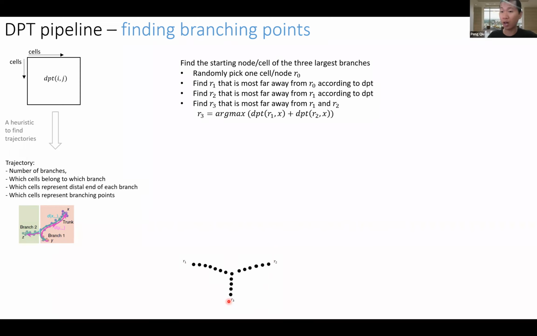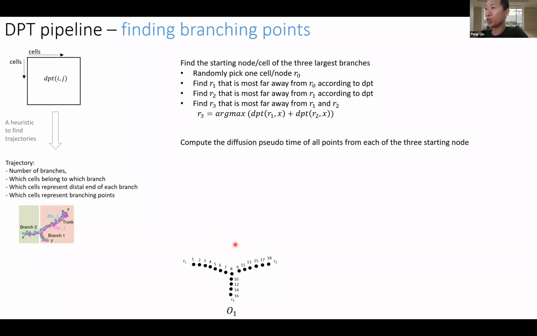After that, what they do is compute the diffusion pseudo time from all data points or cells to each of the distal ends. So from R1, the diffusion pseudo time, or distance, for this node is going to be 2, and then the next one is going to be larger, and so on. But when we go to these 2 branches, the diffusion pseudo time from this data point to R1 and from this data point to R1 is going to be similar.